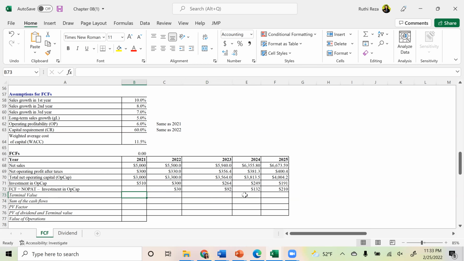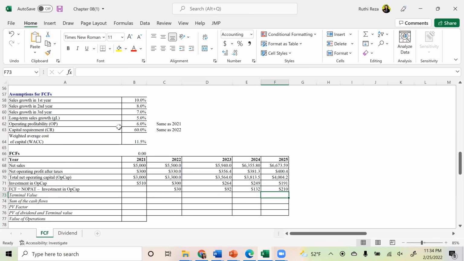All right, now terminal value. Now it says your sales growth will be 5% forever. And then remember here, your capital requirement ratio and operating profitability ratio is constant. So that means this 5% growth in the net sales should be your growth in the free cash flow to the firm.